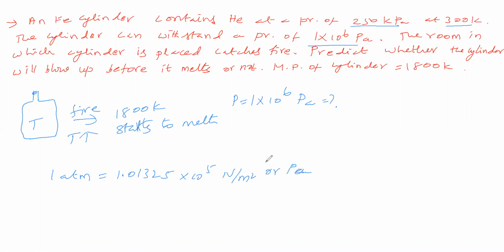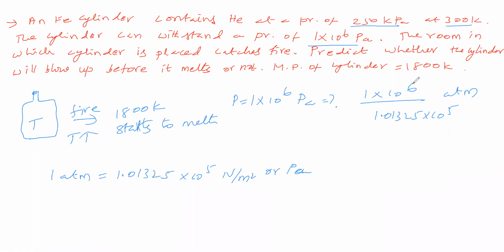To convert Pascal into atmosphere, we have to divide by this value. Therefore, 1 into 10 to the power of 6 by 1.01325 into 10 to the power of 5 atmosphere. We got the pressure in atmosphere.